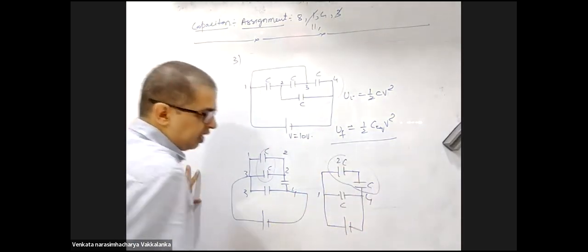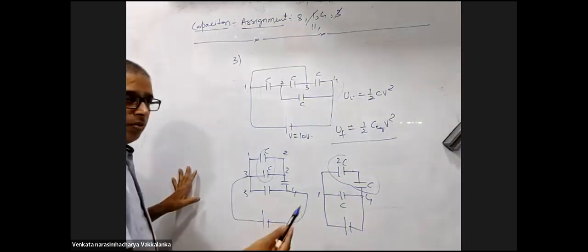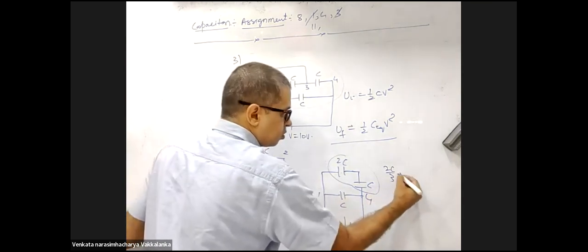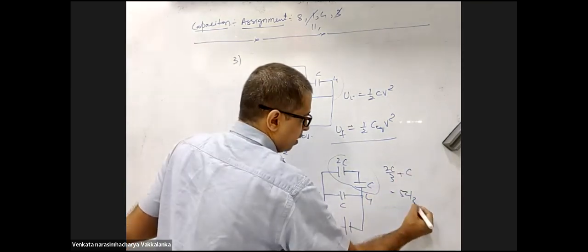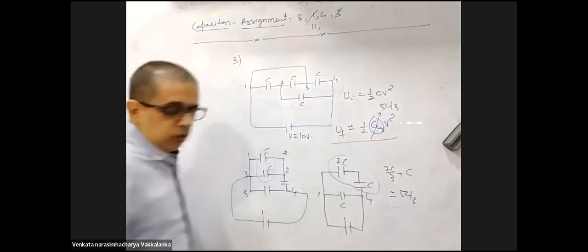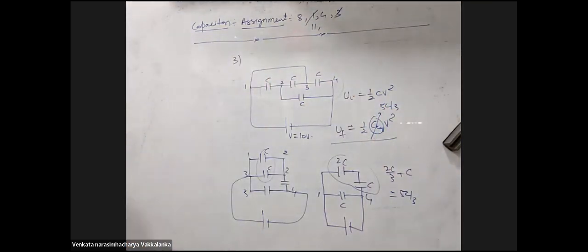Now 2C and C are in series. That is in parallel with C. 2C and C in series gives 2C by 3C, that is 2C by 3. So C equivalent is 5C by 3. U final, U initial difference, you will get the answer.